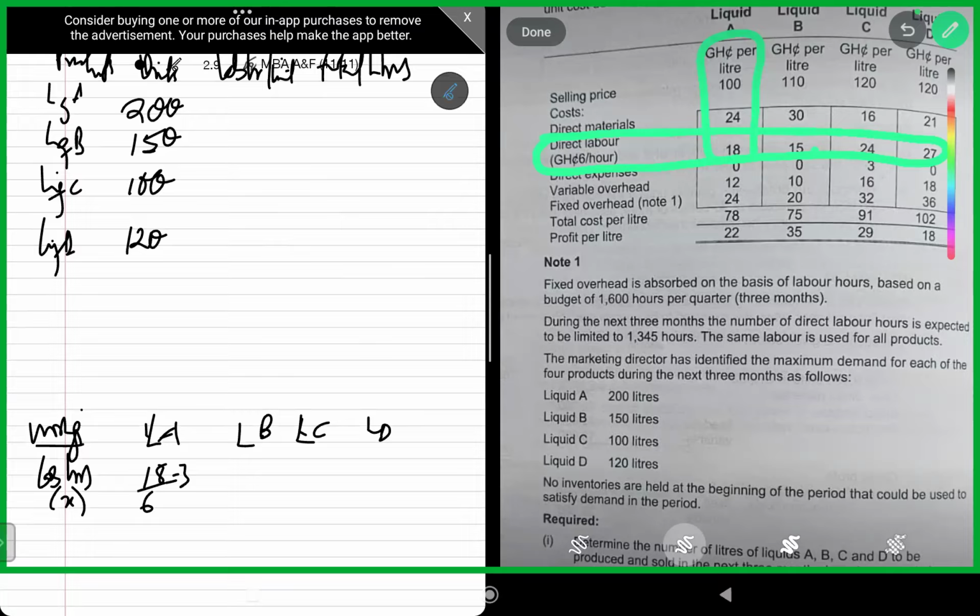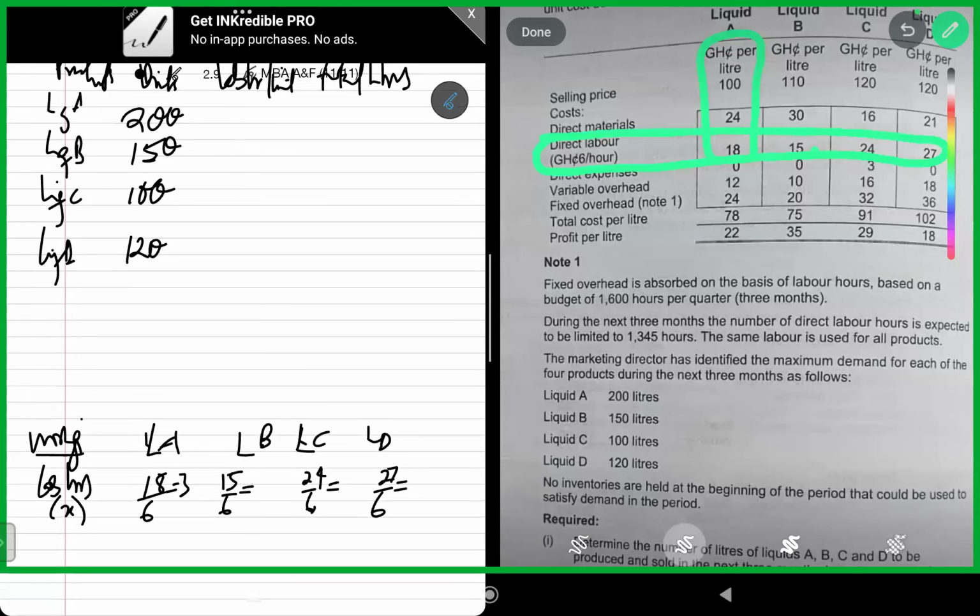Then liquid B is going to be 15 over 6. Liquid C is going to be 24 over 6. Liquid D is going to be 27 over 6. Do you understand it? Yes. So 18 over 6 is 3. I'll go into my data above and put my 3 there.